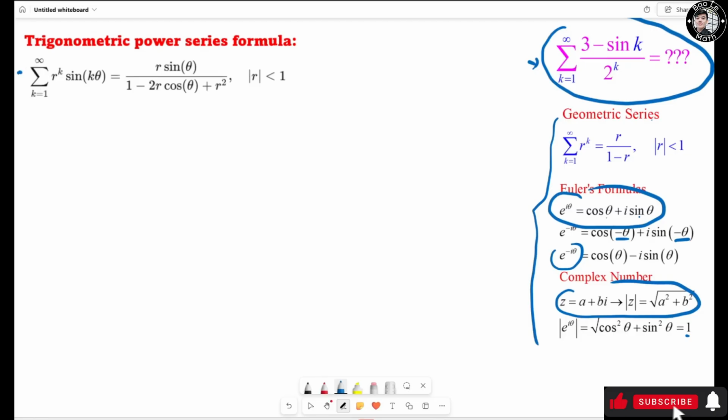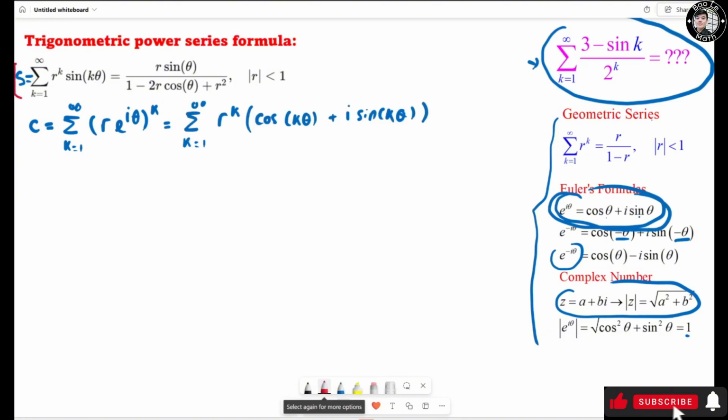Now I'm going to let this one be S. This is the sum. We're going to consider the related complex geometric series C. I'm going to expand this series using the formula here.